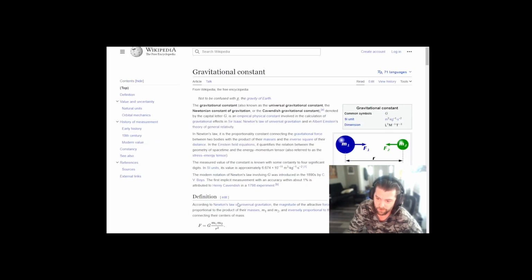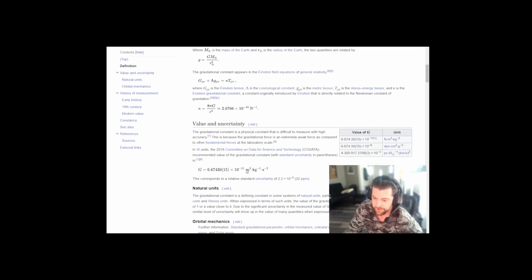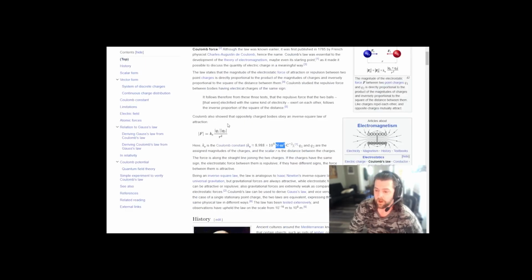Funny how that meter squared is still there, just like the gravitational constant has meter squared once you take out one of these meters. Then times a Coulomb, which is the charge strength of an electron or proton. They're equal, just completely opposite. So it is basically Newtons times charge strength.